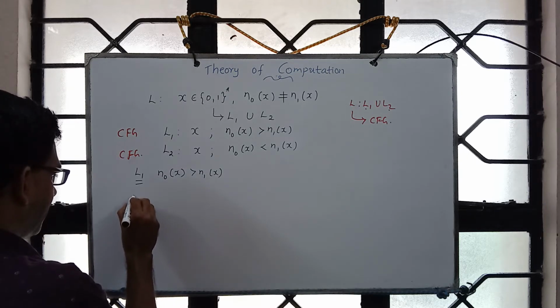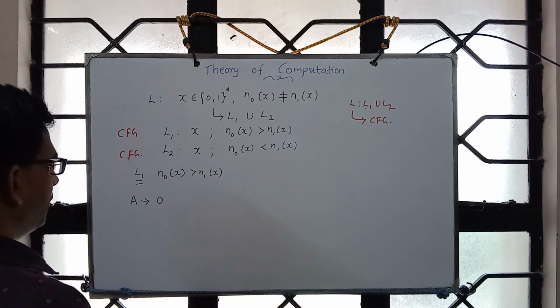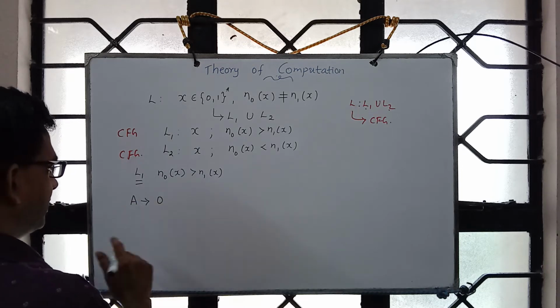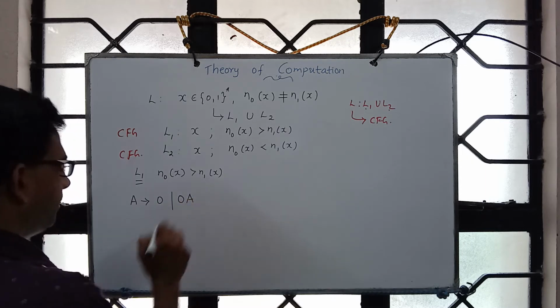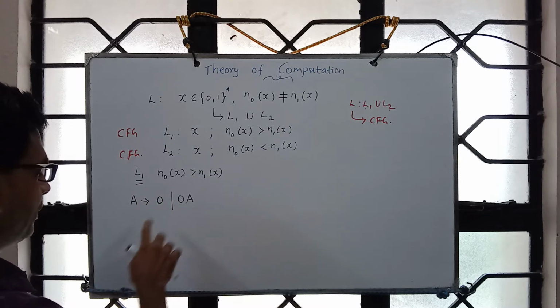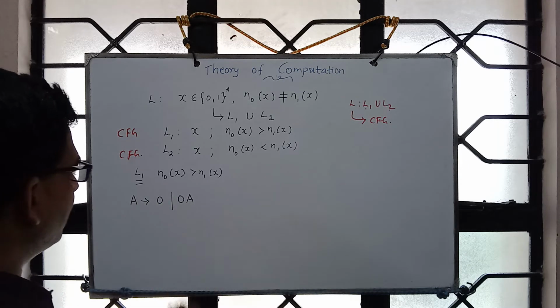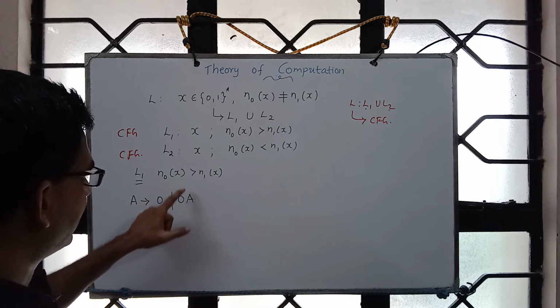Supposing I say A implies 0, then it satisfies this. Or A implies 0A, this is the OR symbol, A implies 0 or A implies 0A. So I use this and keep generating zeros, that will also satisfy this.